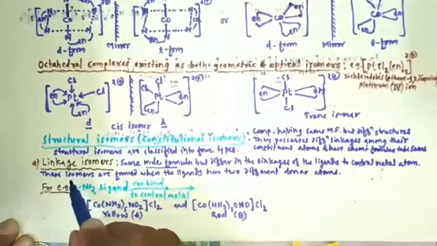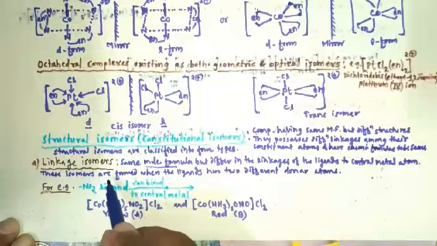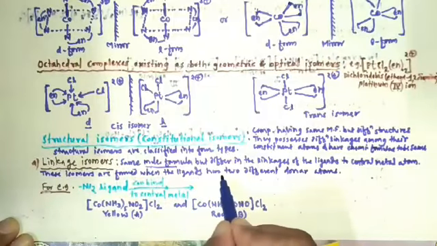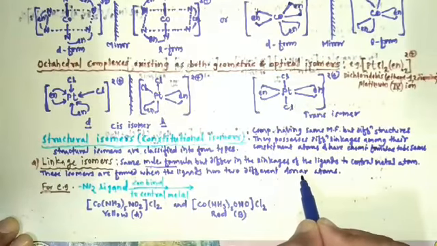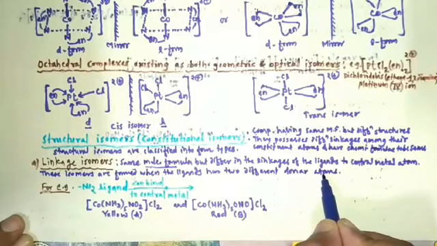Linkage isomers are formed when ligands have two different donor atoms.